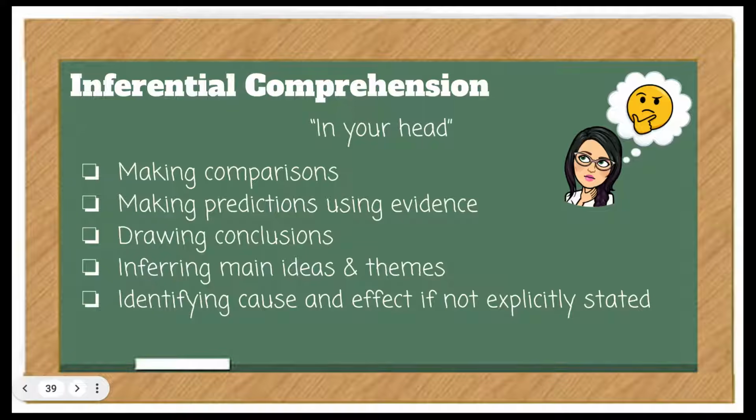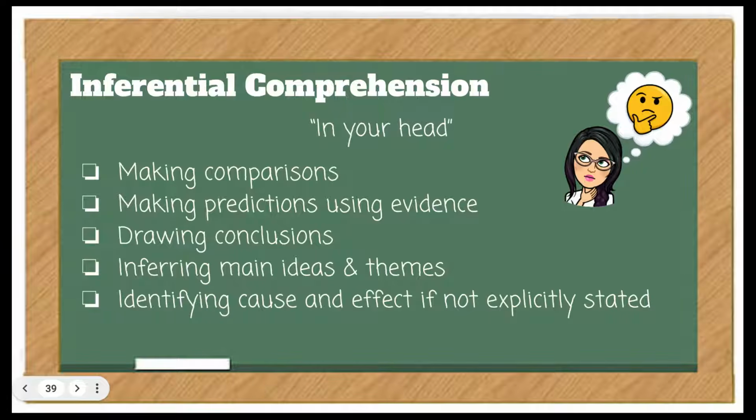Some key elements of inferential comprehension, as stated here, is making predictions. We can think about what will happen next based on what we already know in the story. Drawing conclusions. In this element, students are going to be combining details from the text with their prior knowledge to form judgments or conclusions. Interpreting implied meanings.